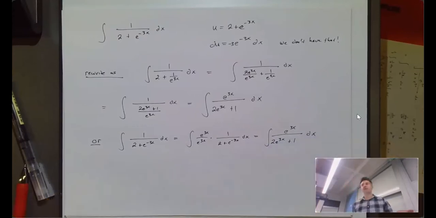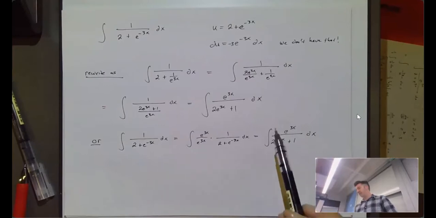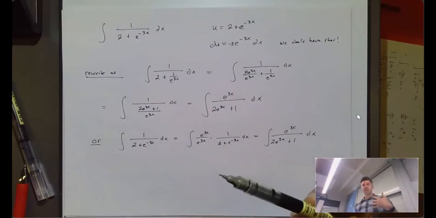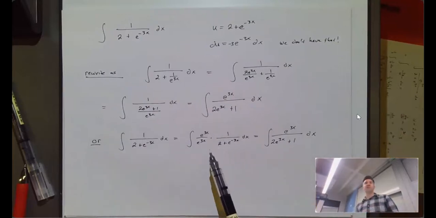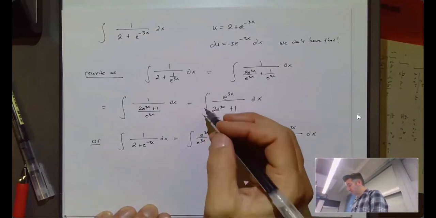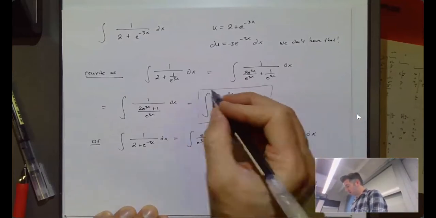Either way is fine. This feels like less steps, but the other might feel more like you would understand how to make that leap. Like, oh, you just need to have seen it before to know to do this. Either way, we're getting to the same integral, this or this.